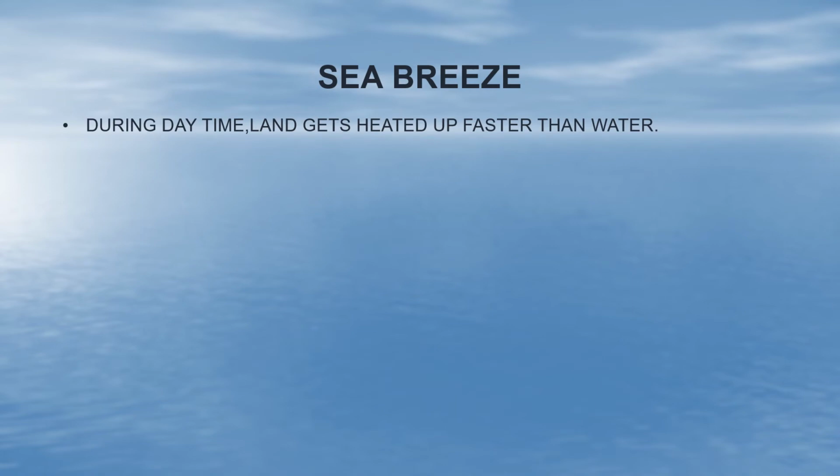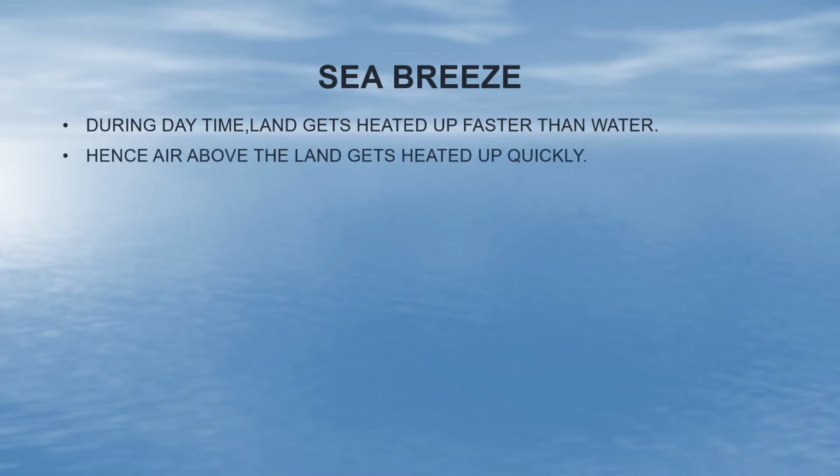Let us see what is sea breeze. During daytime, land gets heated up faster than water. Hence, air above the land gets heated up quickly. The hot air rises up.